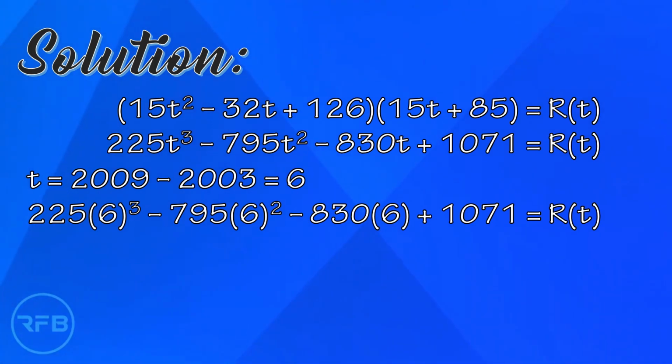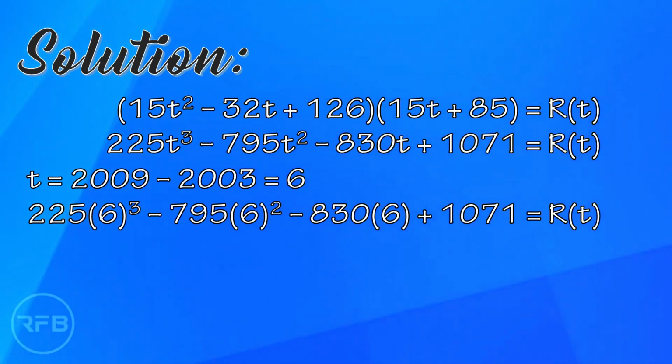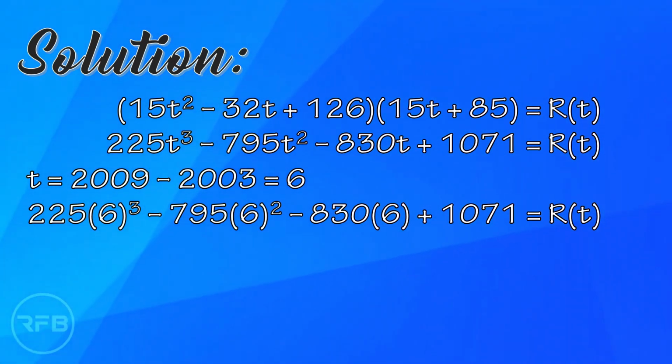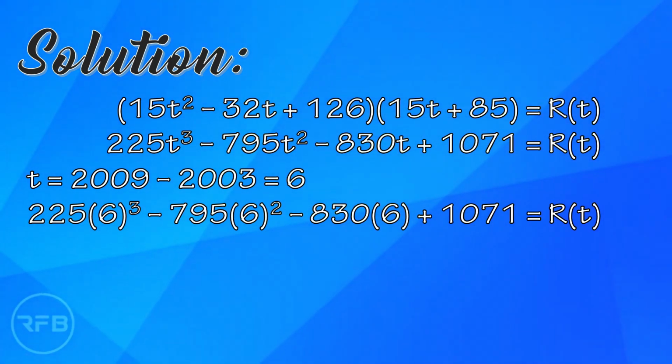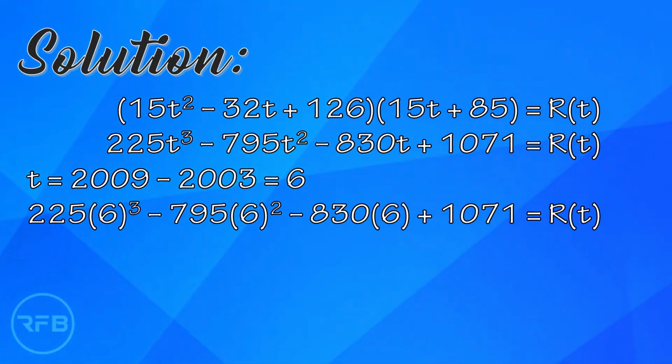Evaluating the polynomial, we will have 225 times 6 cubed minus 795 times 6 squared minus 830 times 6 plus 10,710.